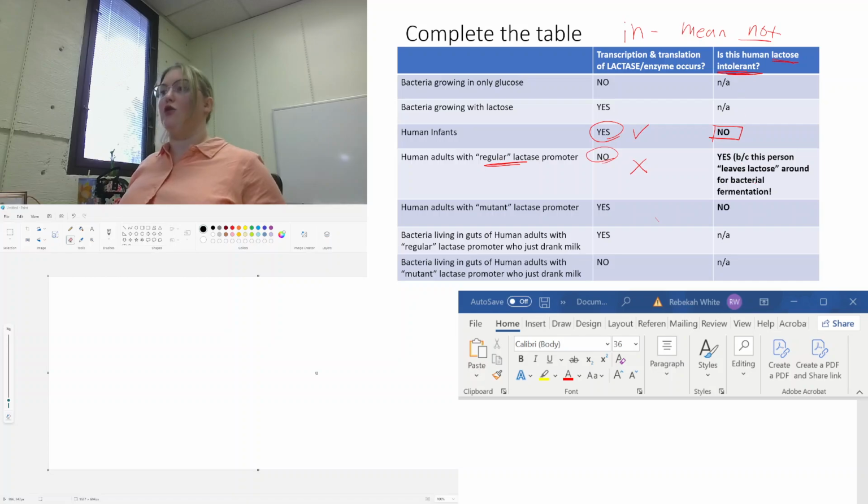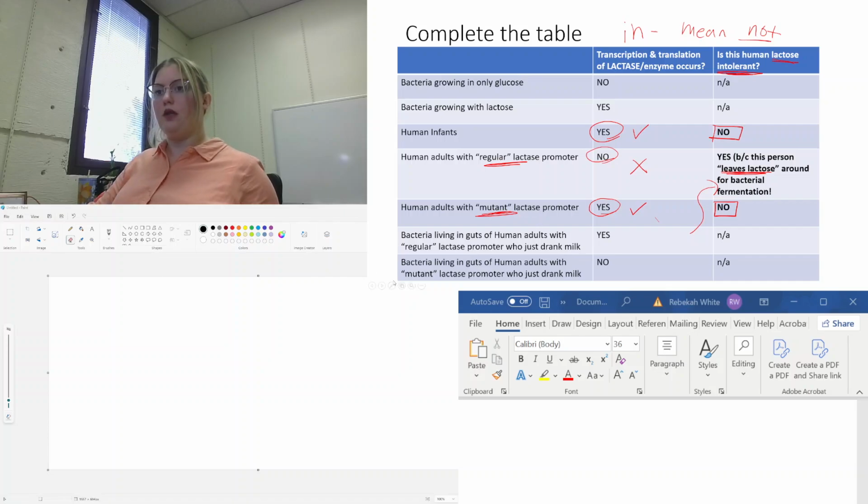They would be lactose intolerant, right? So they leave their lactose lying around, and then those bacteria start fermenting the lactose sugar. They start breaking down that sugar. And then lastly, our human adults with a mutant lactase promoter have the lactase enzyme, so they would not be lactose intolerant because they can break down their own lactose.